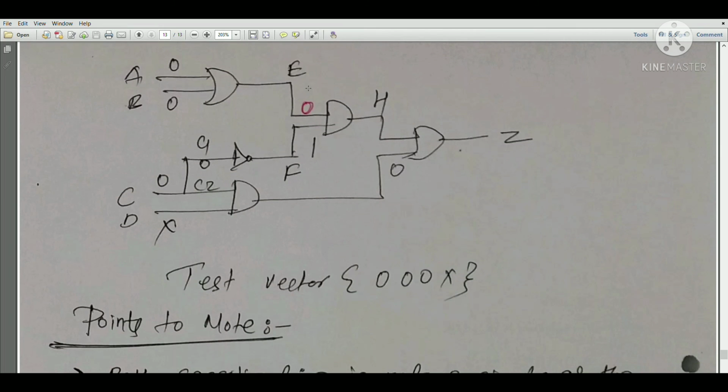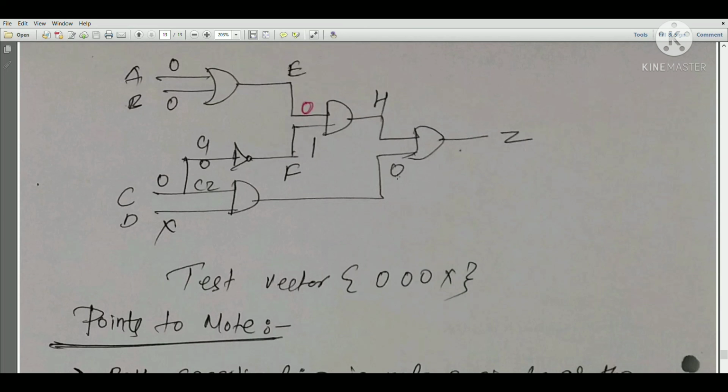Let us see. So if this has to be 0 to test the stuck-at-1 fault, here the two inputs A and B have to be 0 because this is an OR gate. If this is 1, then C1 has to be 0. And if this is 0, then C has to be 0. We have already talked about the logic here. So irrespective of D, if I am setting C, the output will always be 0, and this is satisfying my condition.